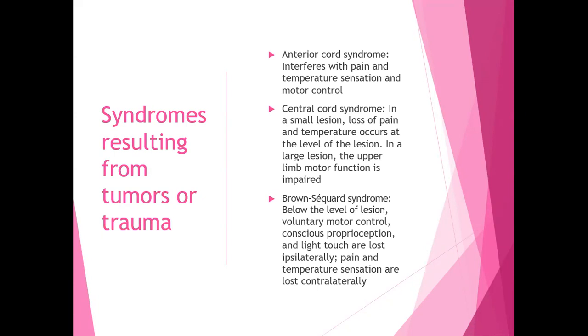You have motor control on one side and you don't on the other, and you have some sensation on one side and you don't on the other. Unless you work in a specialized neuro rehab place, you are probably not going to see Brown-Séquard syndrome. I've been lucky enough to see a couple people with Brown-Séquard in my career.